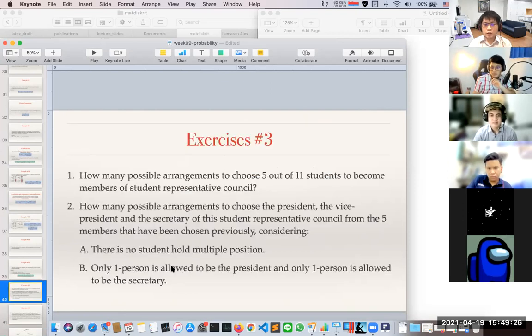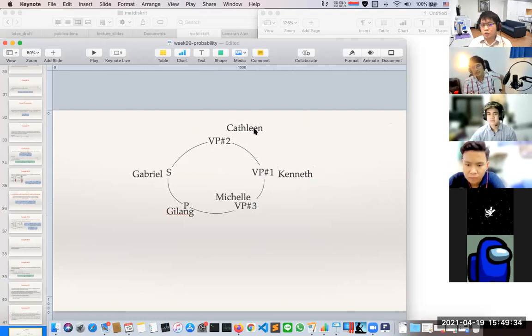The requirement still holds true, in which there is no student that holds multiple positions. We don't have one student with two positions, right? And the number of students who hold the position of president and secretary is exactly 1. So in this case, this kind of arrangement is possible.